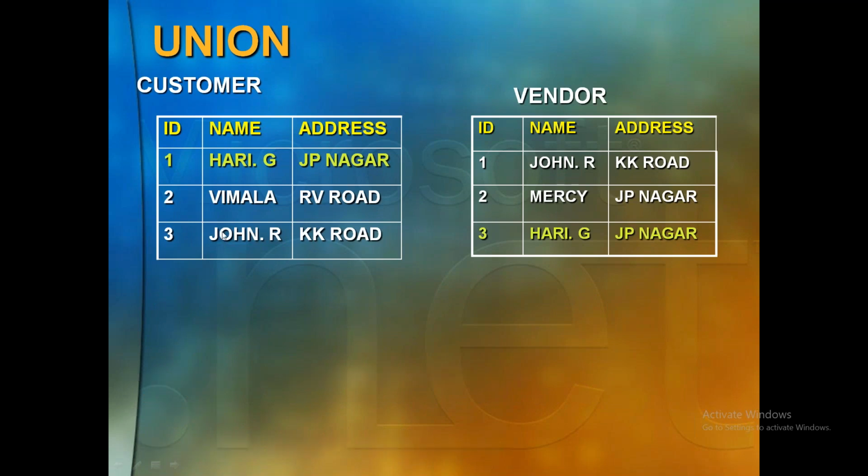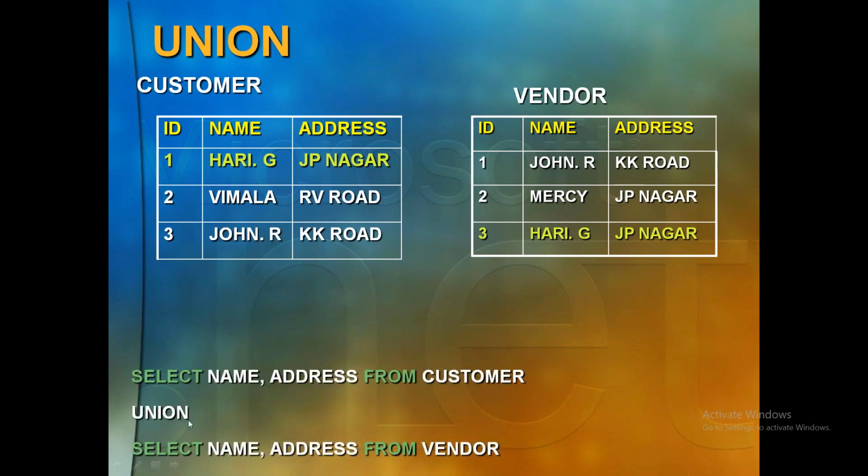If you see carefully, Hari Ji is my customer, Hari Ji is my vendor. John R is my customer, John R KK Road is my vendor. If I go in for a union, it is going to eliminate duplicates.